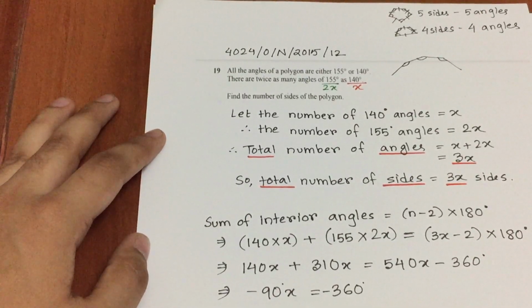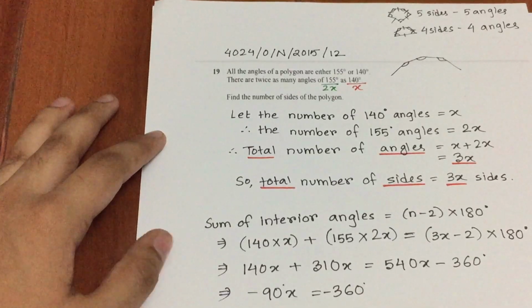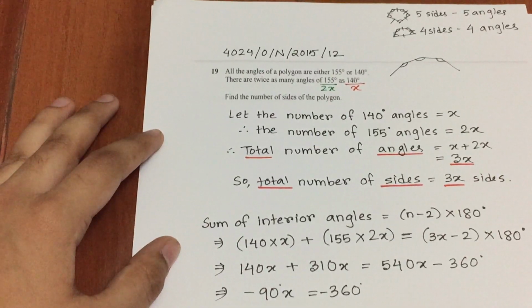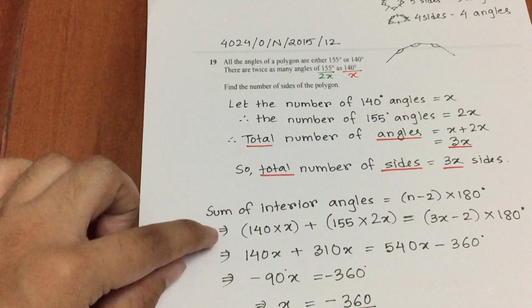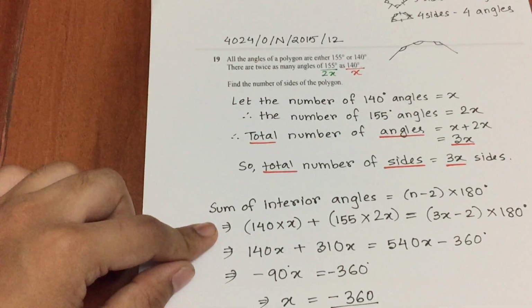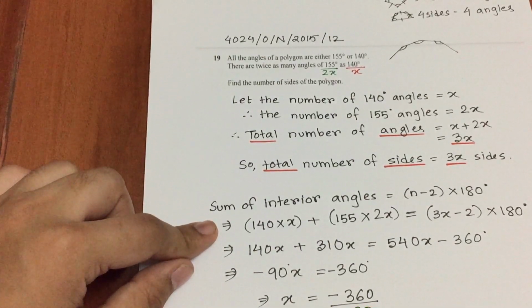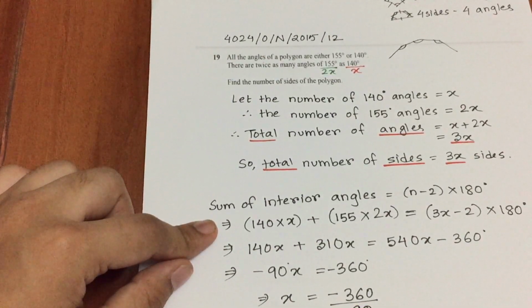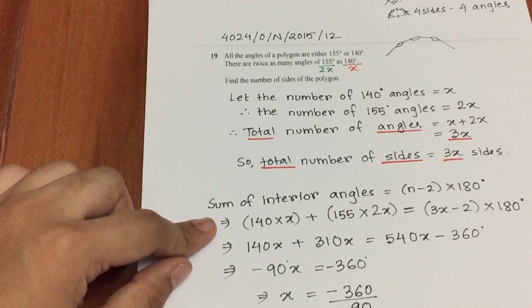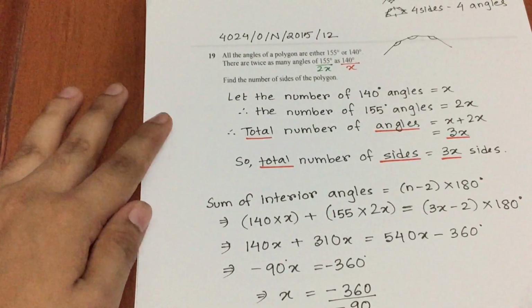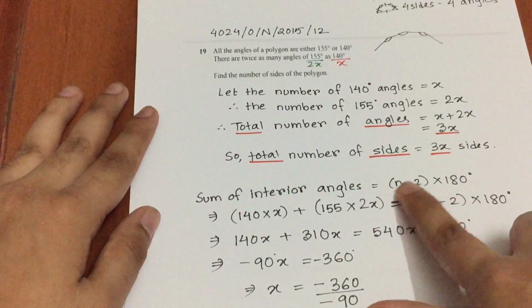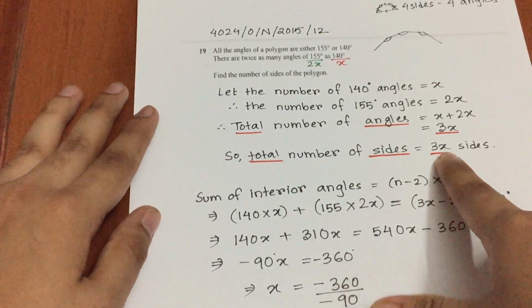And finally, I used the formula for the sum of interior angles of a polygon, and I know that the sum of the interior angles will be 140 times x, because there are x angles of 140 and 2x angles of 155. That's why I multiplied them. Then that will be equal to this formula, and here n is 3x.